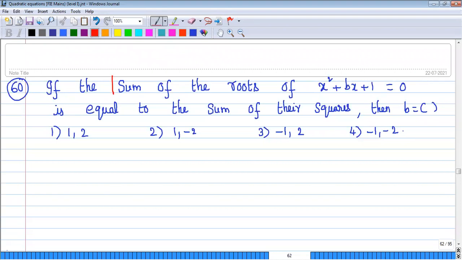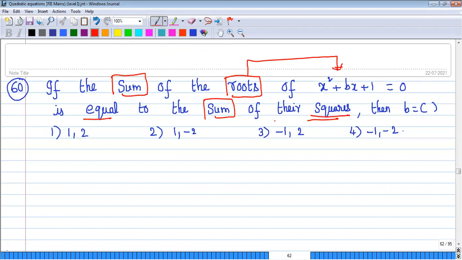Here the sum of the roots of this equation is equal to the sum of their squares. So this language needs to be converted into mathematical language. With the help of mathematical language, we need to express them. Symbolic representation needs to be done here.